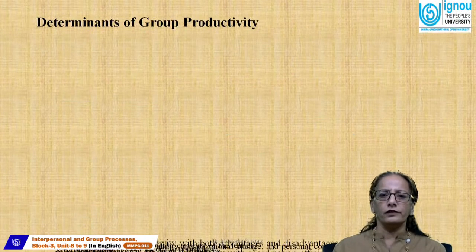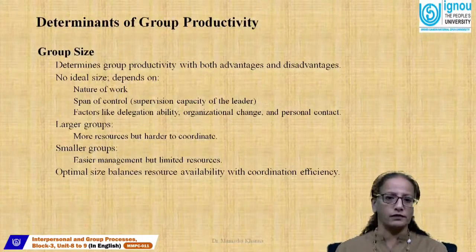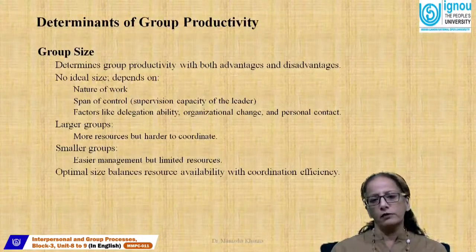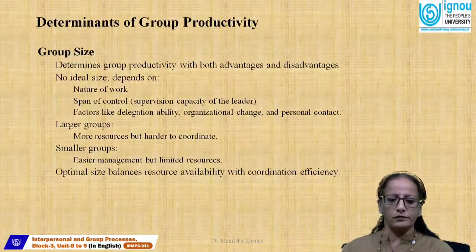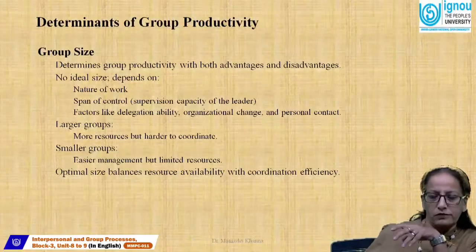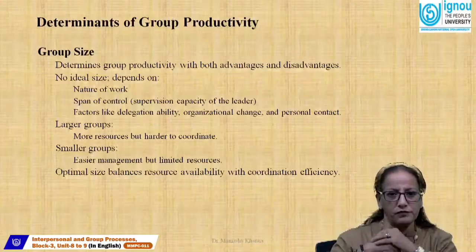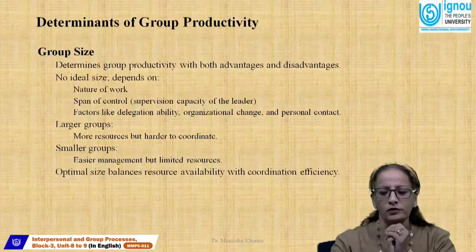There are different determinants of group productivity. Group size matters a lot. It is a very important determinant of group productivity, because whenever a group is formed, it is formed for some specific objective.